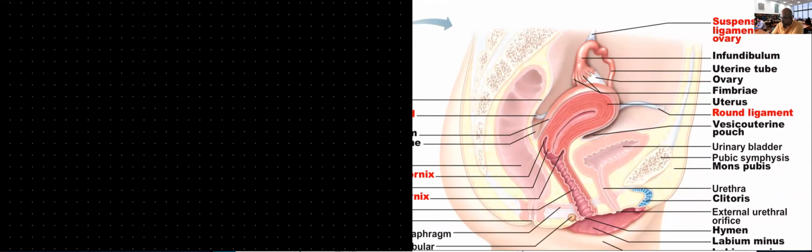And the ovum is going to be picked up by those finger-like projections of the fallopian tube. We call those finger-like projections the fimbriae. The fimbriae will be conducting the ovulated egg to the most distal part of the fallopian tube, which is the infundibulum.